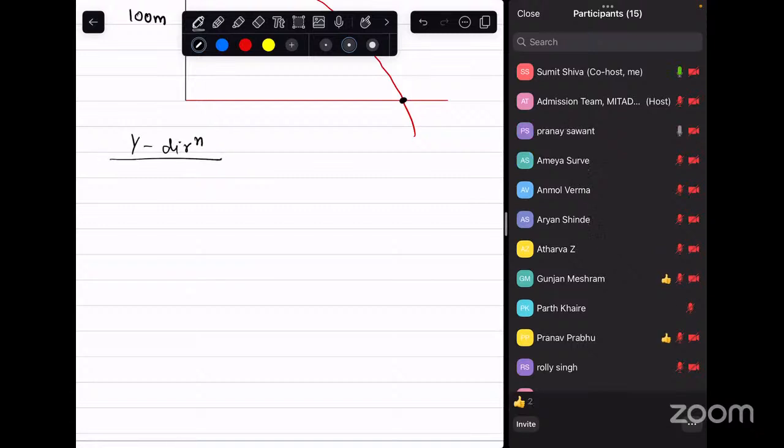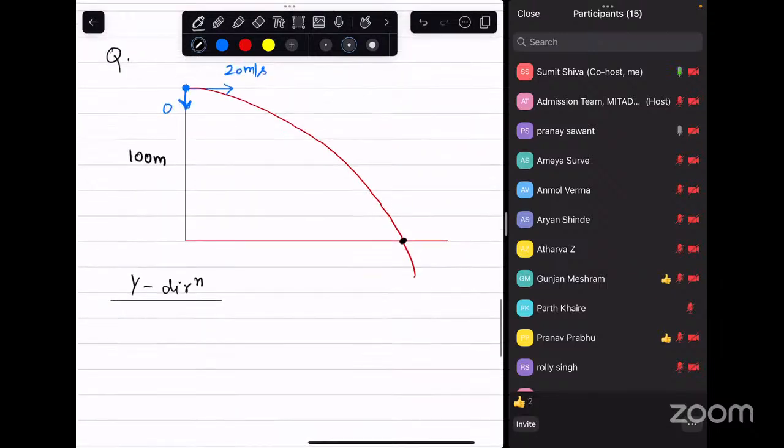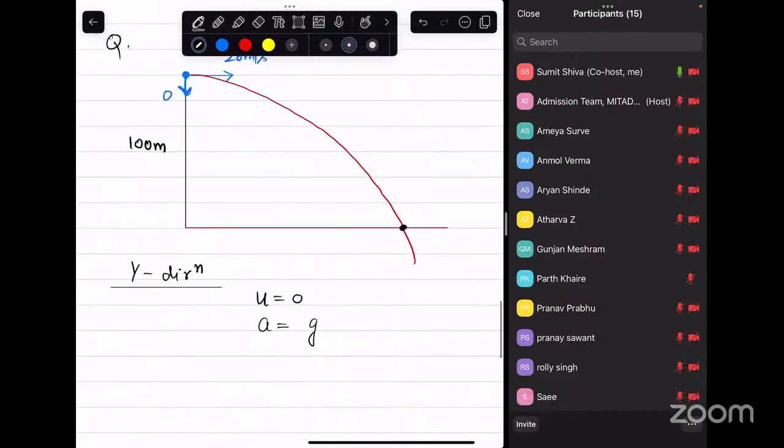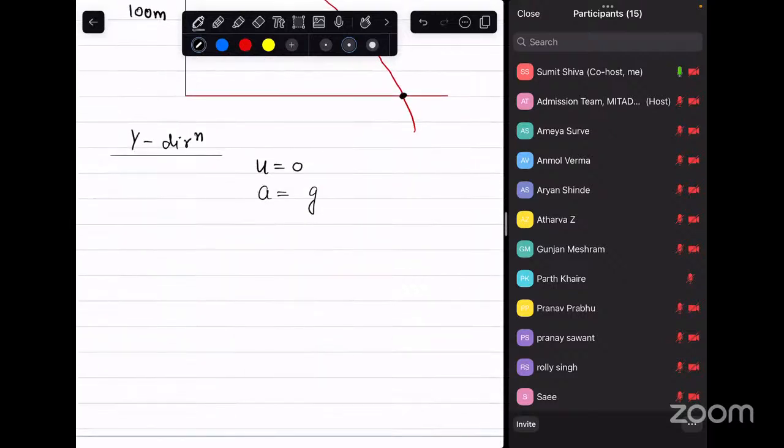Okay, so let's discuss what's happening in y direction. In y direction, we have initial velocity 0. In y direction, we have acceleration g. And the important point is that the ball or the object is going downward and g is also working downward. So what do you think? What would be the sign convention?